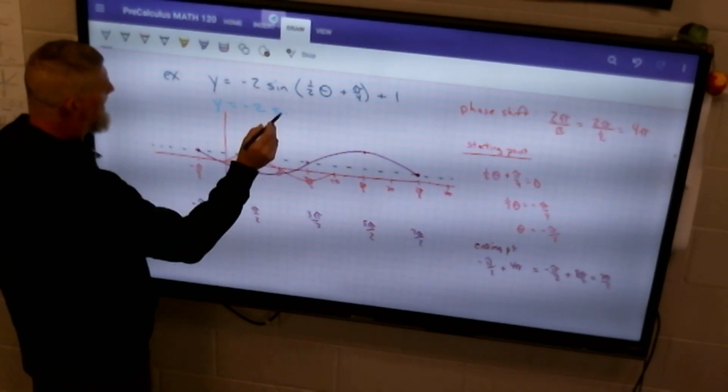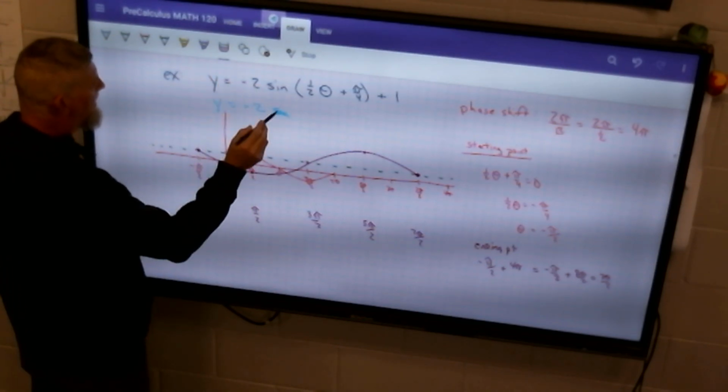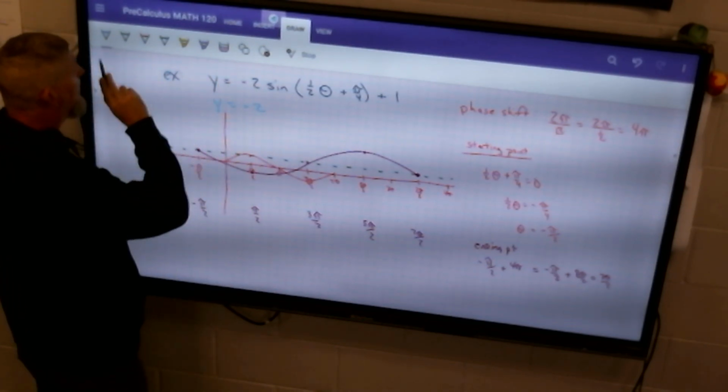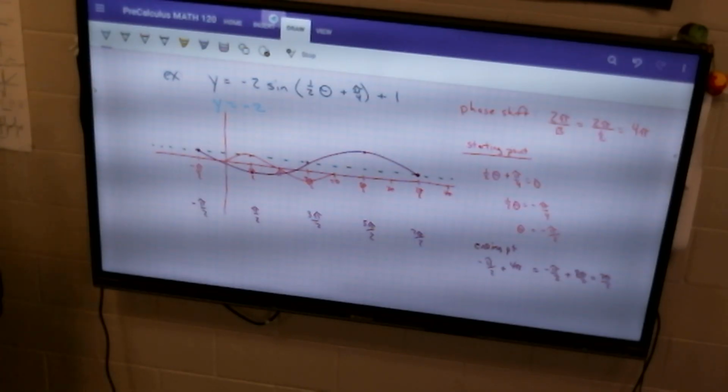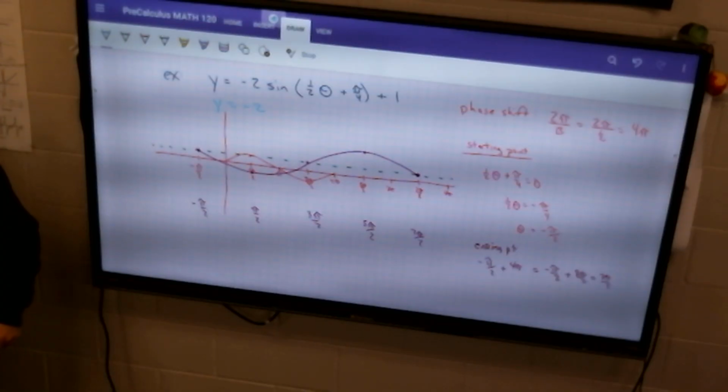Whoops, we're doing cosine, right? Can you see that light blue? Yes. Well, I want you to see it compared to this.